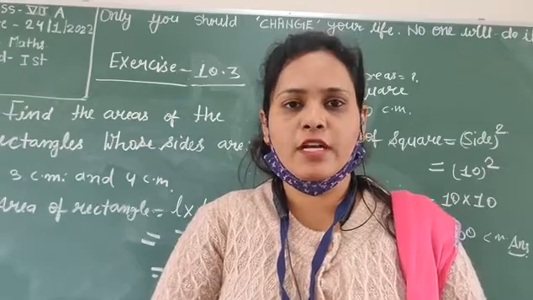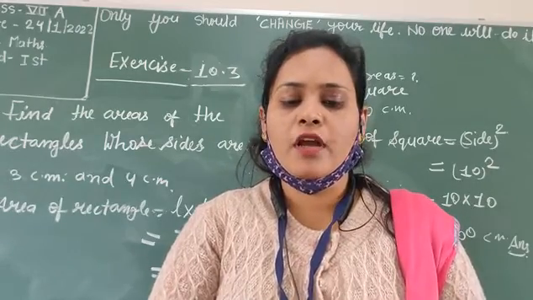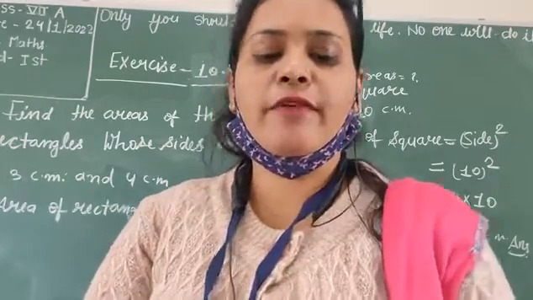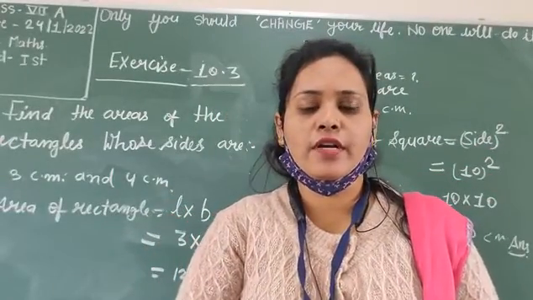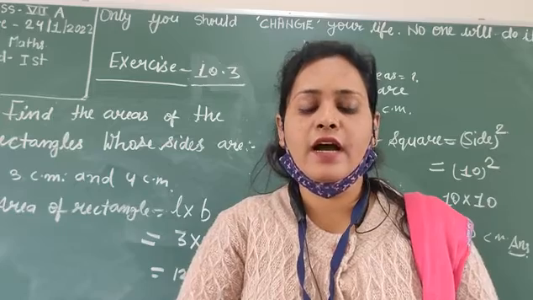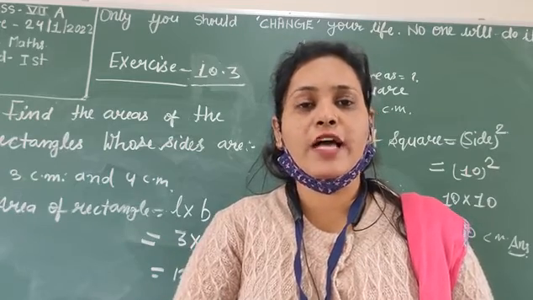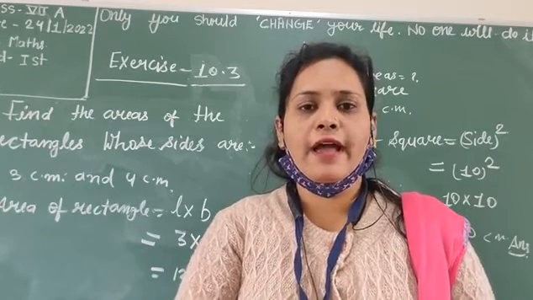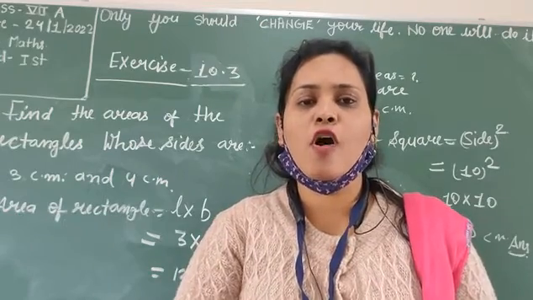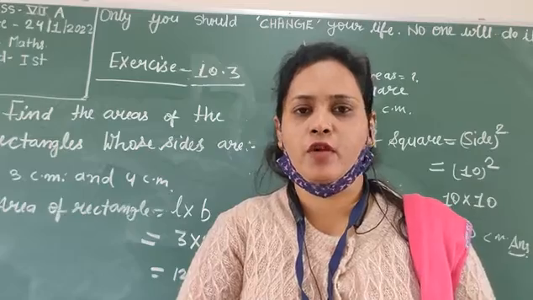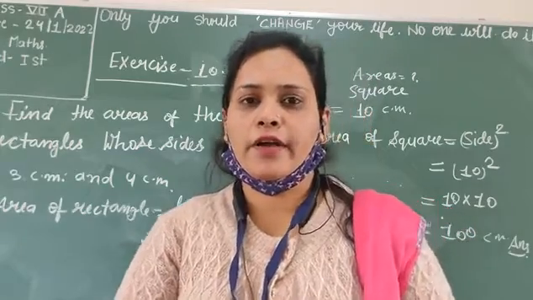You have to do it like question number first. From question number first you can easily understand. Third and first are both the same, and you can solve it through the same formula. Okay, thank you.